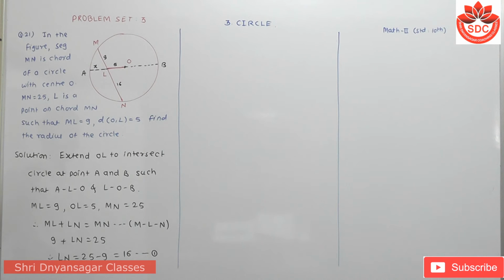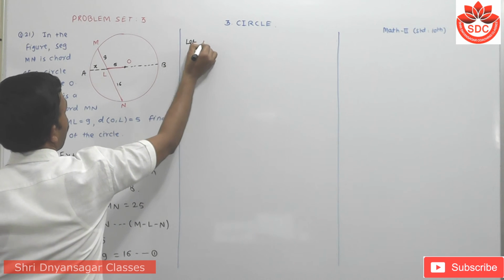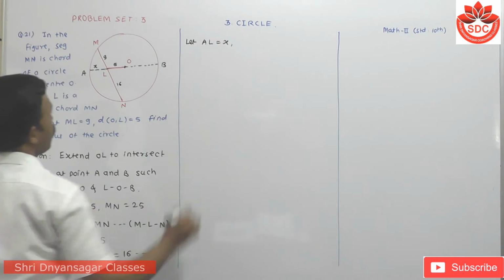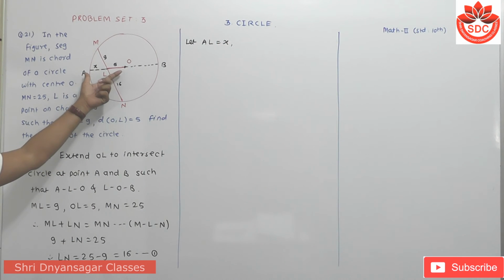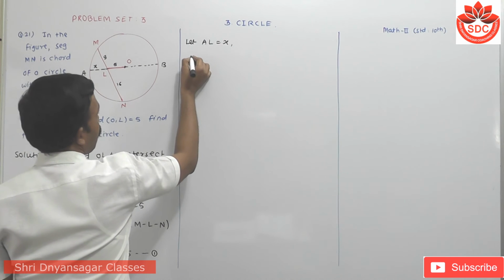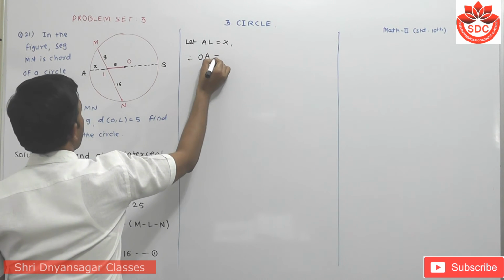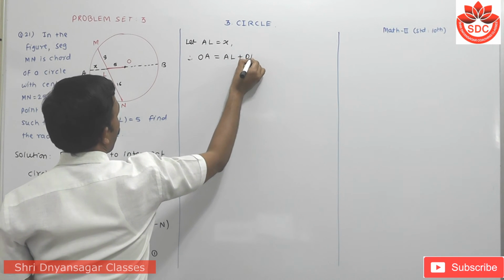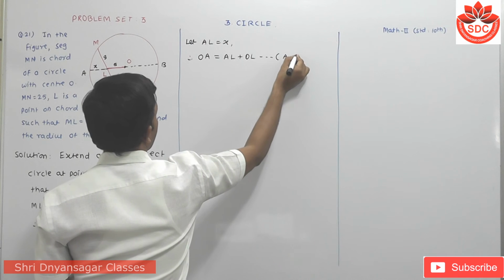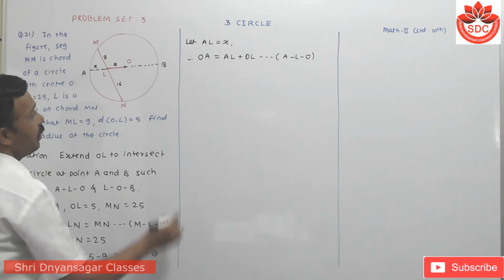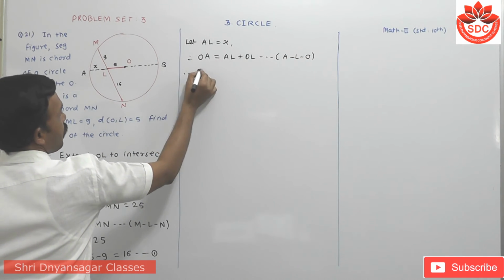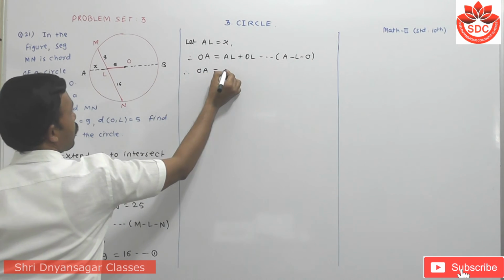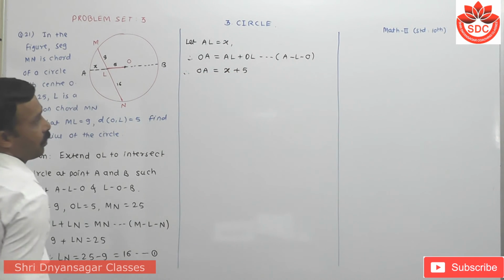Then we have to use this: let AL be equal to x. Therefore OA is equal to AL plus LO, or OL, because A-L-O are collinear. Then OA is equal to AL, which is x, plus 5.